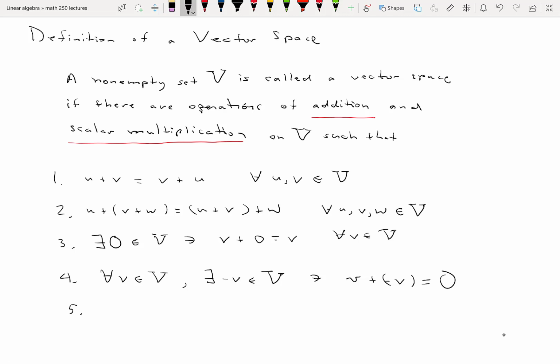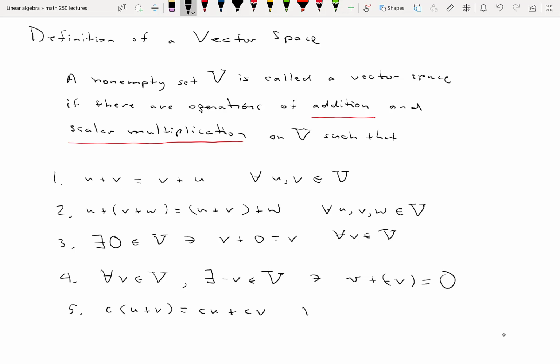5. We have a distributive property that works with scalars multiplied by the sum of vectors. It says c times (u plus v) equals cu plus cv. This is not the distributive property you're used to.